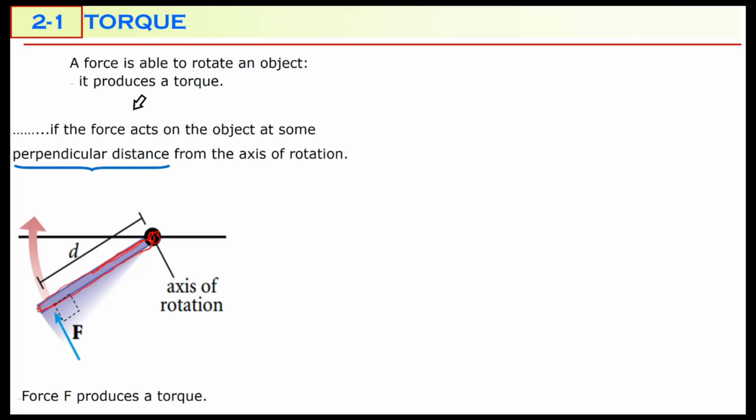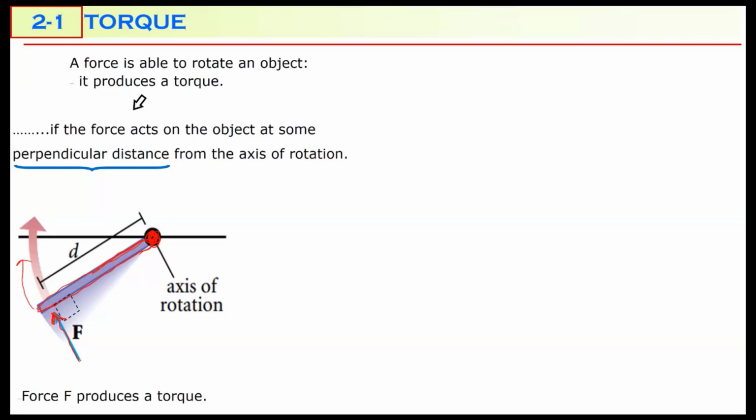And this is the axis of rotation. The axis of rotation is the point where the object is fixed. If you push this object with this force, this force can rotate the ruler about this axis of rotation. Then we say that this force can rotate the object. That's why this force can produce a torque.